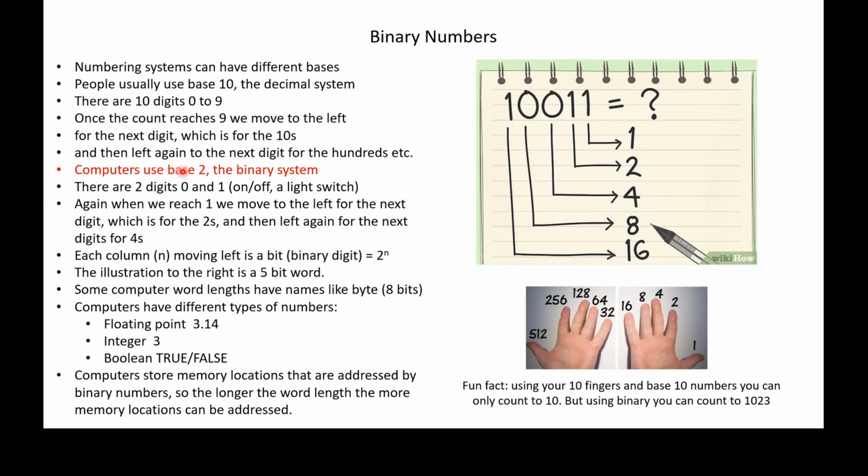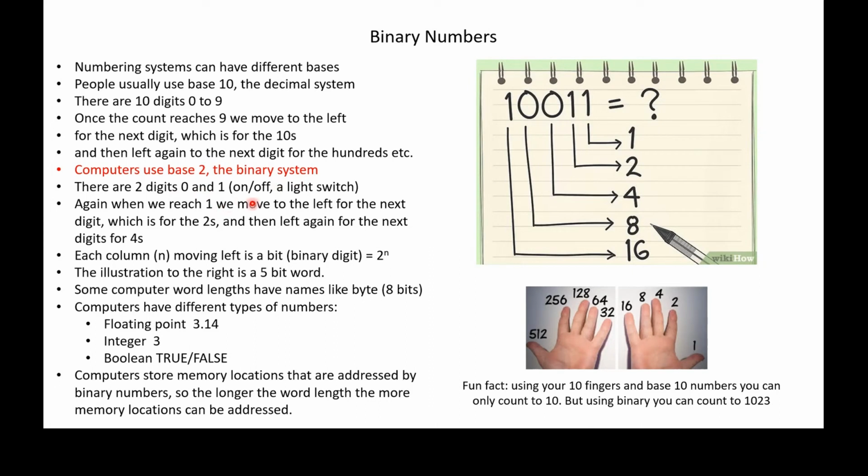But in the computer, we use the binary system because the signals are either on or off, or true or false, or there or absent in a computer system. The voltage is either high or low. So it's a base 2 system. There are only 2 digits, 0 and 1, like a light switch, on or off.